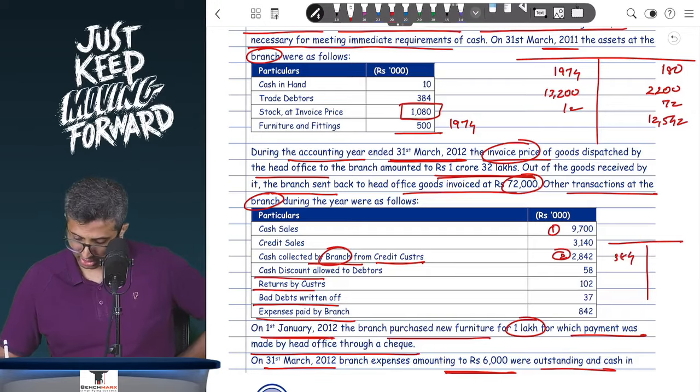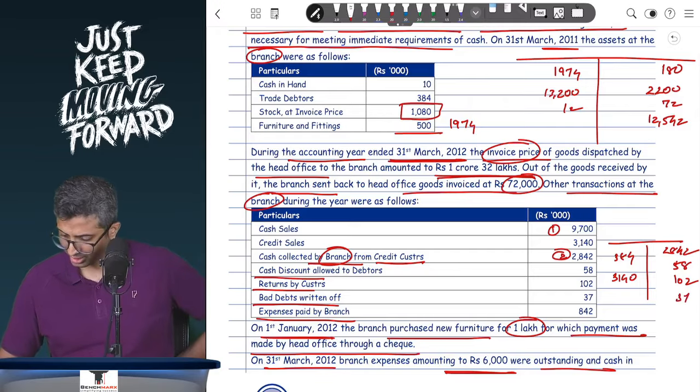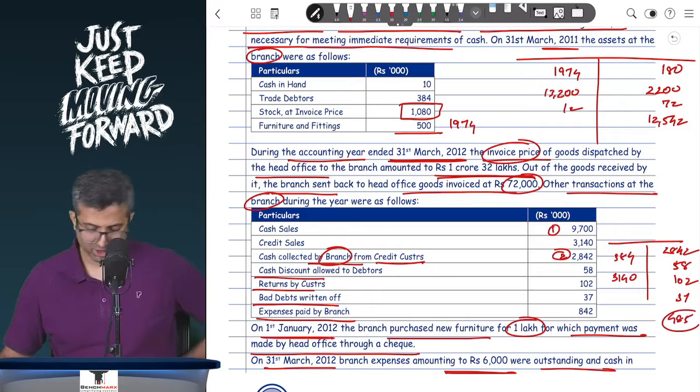During the year you have done credit sales of 3140, collected 2842. Apart from that, there is a cash discount of 58, returns by customers 102, bad debts of 37, and that's about it. So this must be 384 plus 3140 minus 2842 minus 58 minus 102 minus 37. This is, I believe, 485. This must be your closing debtors.